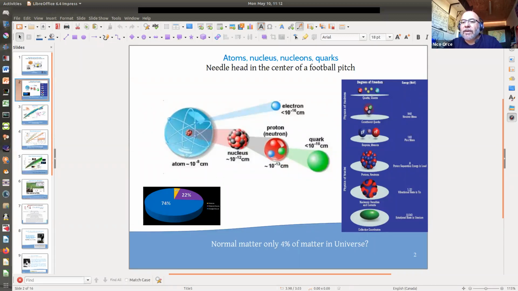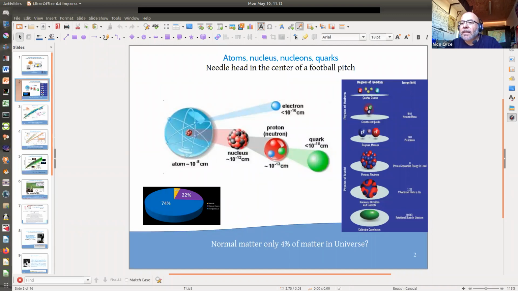But this current itself suggested the possibility of quarks, internal, more basic particles inside the neutron and the proton. So these were called quarks at that time. And you can see the scale, 10 to the minus 8, 10 to the minus 12 centimeters is the nucleus. So, what we call Fermis.